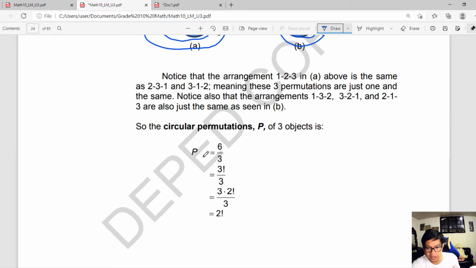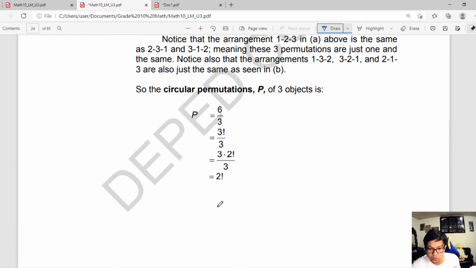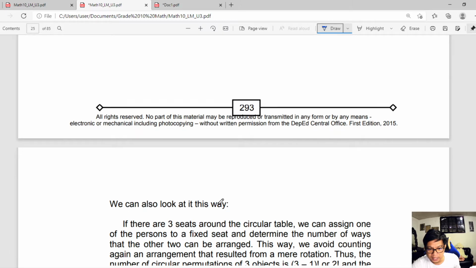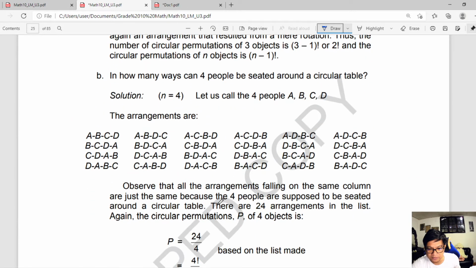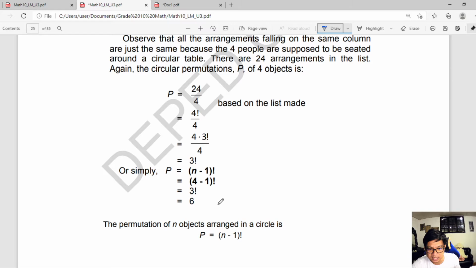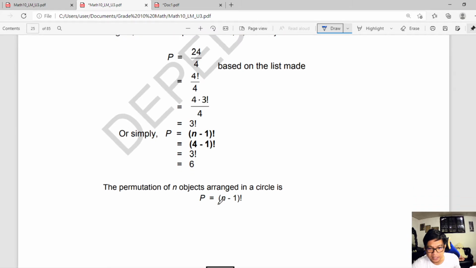P is equal to 6 over 3, that is equal to 3 factorial over 3, or 3 times 2 factorial over 3, which is equal to 2 factorial. Or, in other words, we have this formula used in circular permutation: circular permutation is equal to n minus 1 factorial.